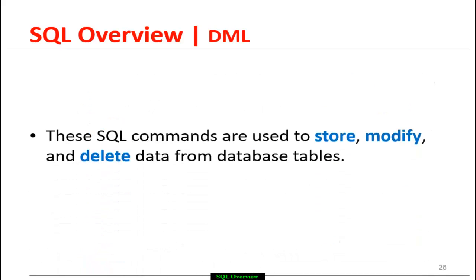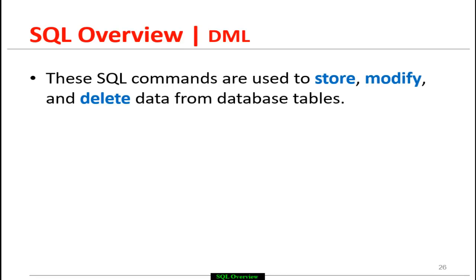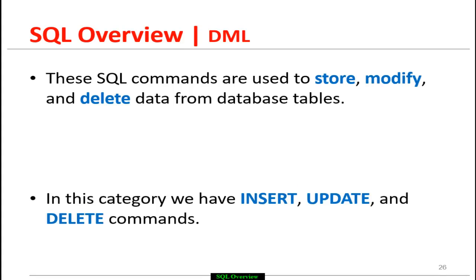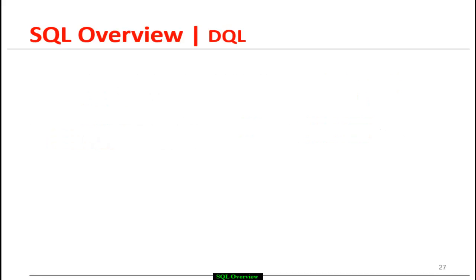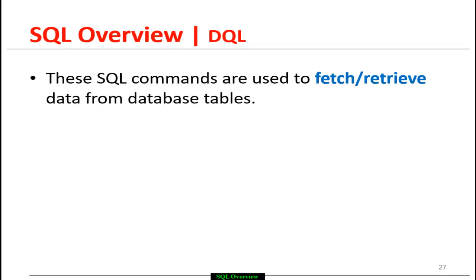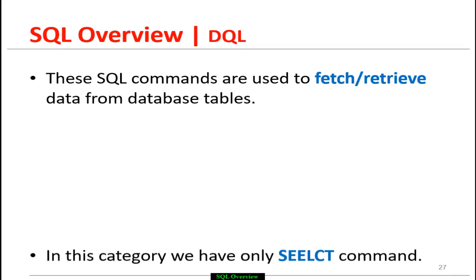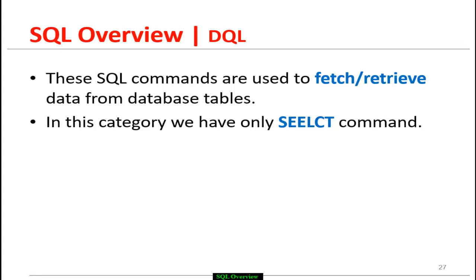These SQL commands are used to store, modify, and delete data from database tables. In this category we have insert, update, and delete commands. Data Query Language, DQL, is the third category. These SQL commands are used to fetch or retrieve data from database tables. In this category we have only the select command.